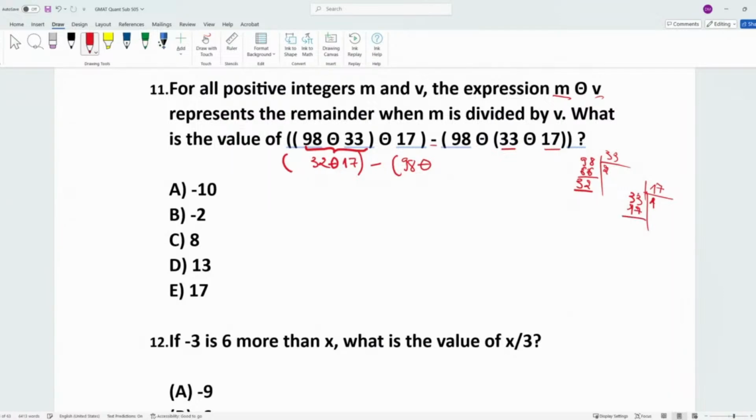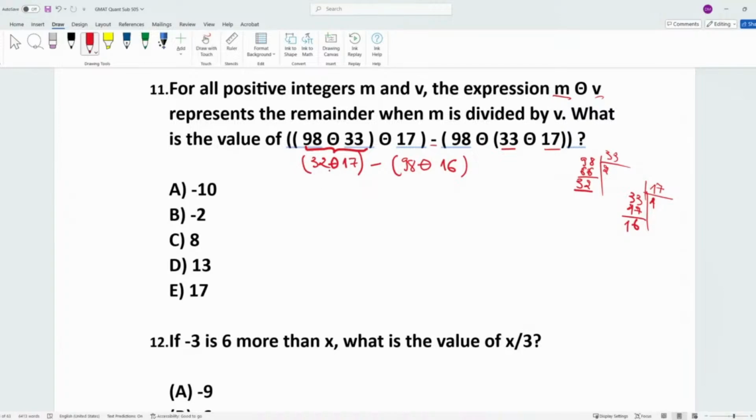17, 13 minus 7 is 6, and then we carry down here, it's going to be 2 and 16. So this here is going to be 16. So now this is the new expression that we have here. And we are going to apply the same principle, mv here.